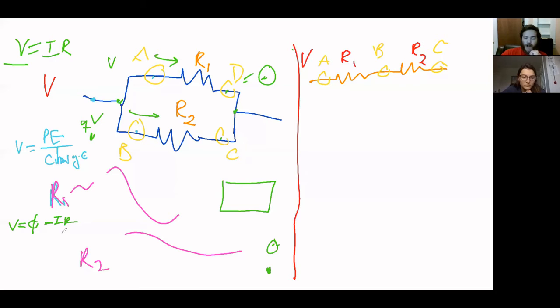So now if we want to solve for I, we get that phi over R is equal to I. This is for each resistor. And this is true because we know Kirchhoff's law holds. And we know that the voltage is constant by the symmetry that we just said.